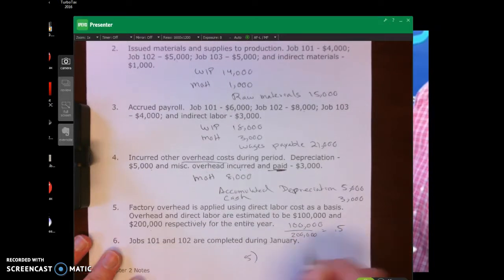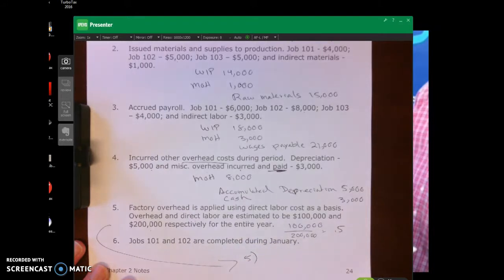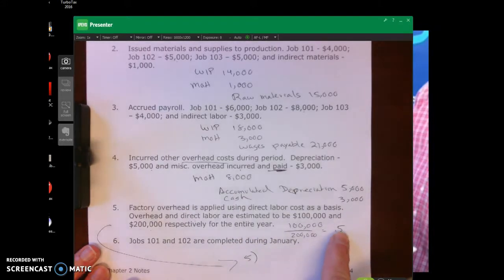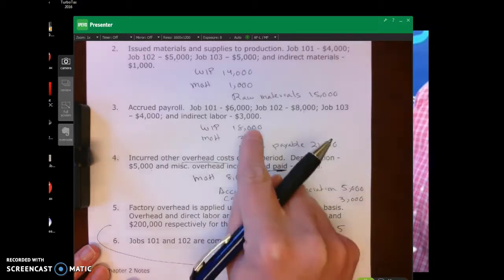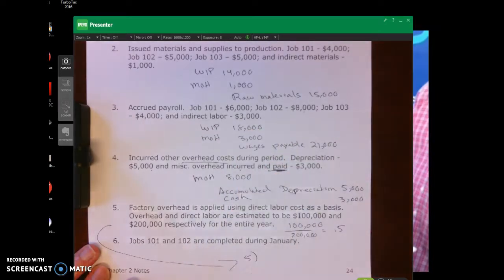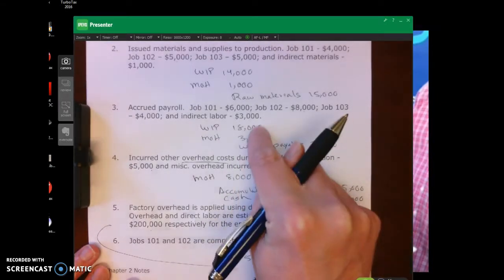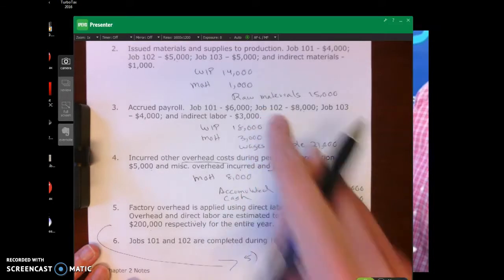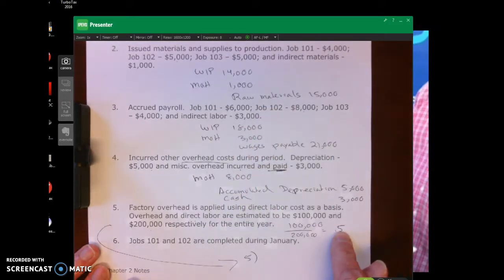This is saying we apply 50 cents of overhead for every direct labor dollar. So how many direct labor dollars do we have? 18,000. So 18,000, the amount of direct labor incurred by those jobs, times our predetermined overhead rate of 0.5 gives us $9,000 of manufacturing overhead applied. The journal entry to apply overhead is a debit to WIP and a credit to manufacturing overhead.